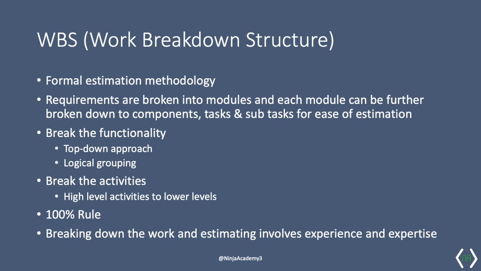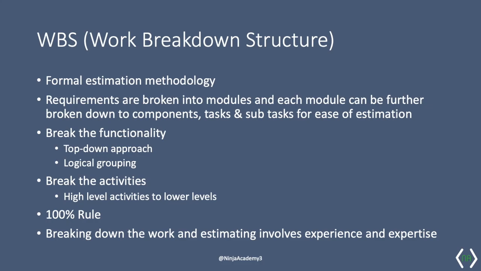There are two types of WBS: activity breakdown and functionality breakdown. We look at both with examples. Estimation is done at each leaf node and aggregated based on the 100% rule. What is the 100% rule? Throughout the hierarchy, the sum of the work at the child level must equal 100% of the work represented by the parent.